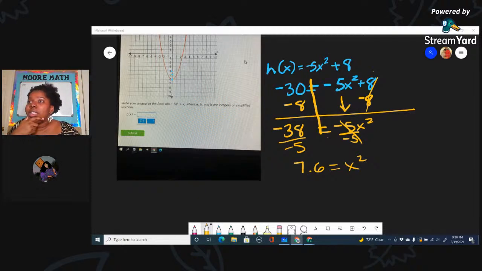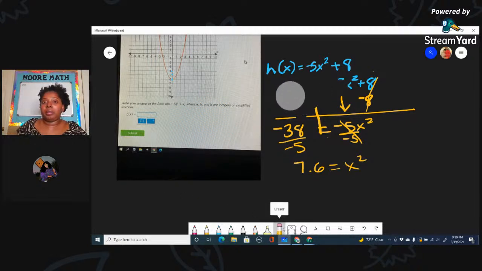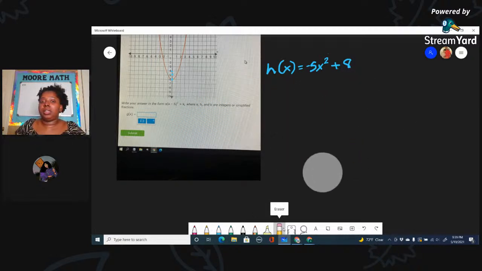Okay. So let me just see something. Average rate of change. I think I see what it was. Okay. Just kidding. So originally I thought they wanted you to solve and make that x equal -30.